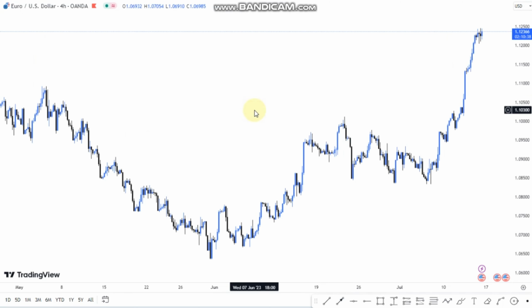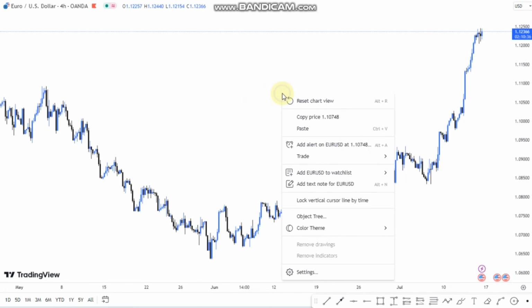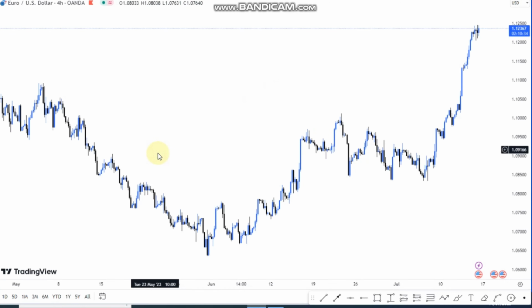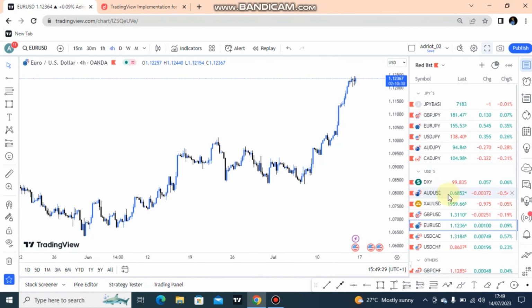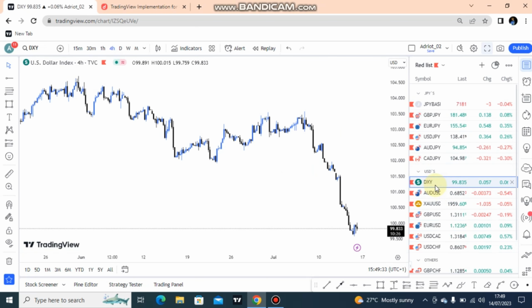So this is EURUSD, as you see here. I'll start with the dollar index. This is the dollar index.